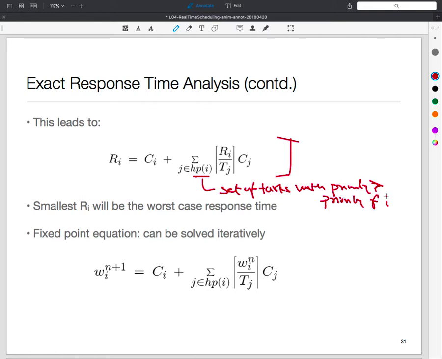Okay, so I'm just adding them up, and now for the ith task, the response time R_i is therefore this expression. And what is our goal? Our goal is to show that for the ith task to be schedulable, R_i should be less than or equal to T_i, or more generally deadline i.